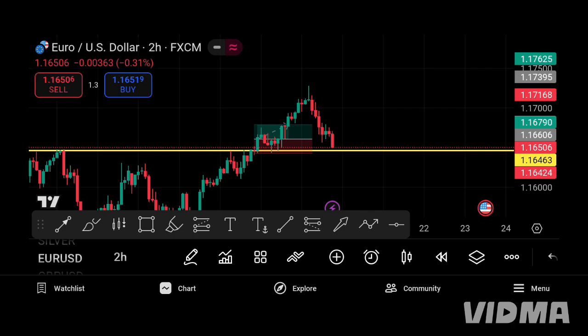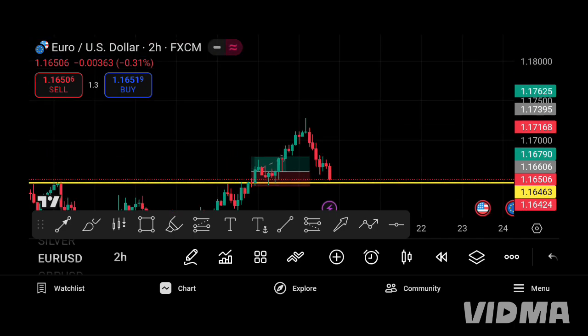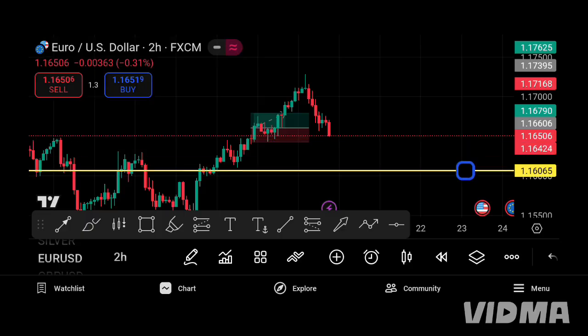You see, we put our stop loss, and remove this yellow line so that you can see clearly.